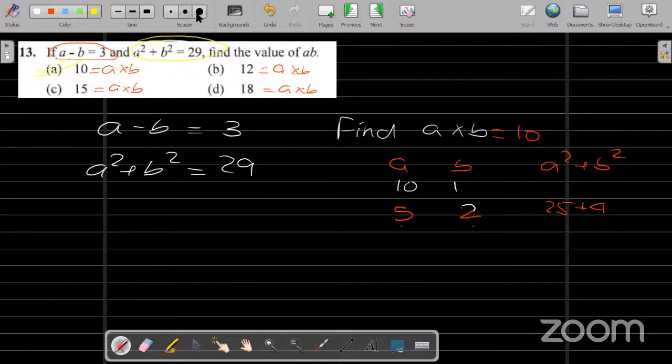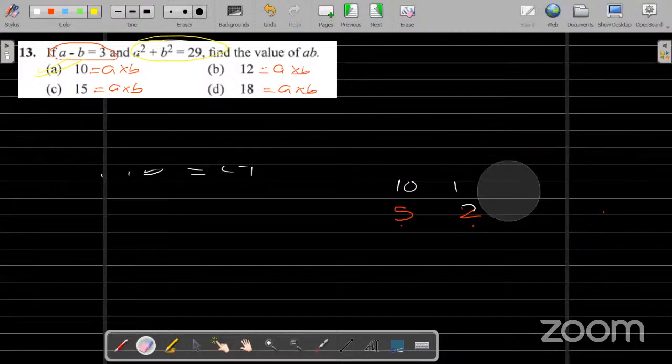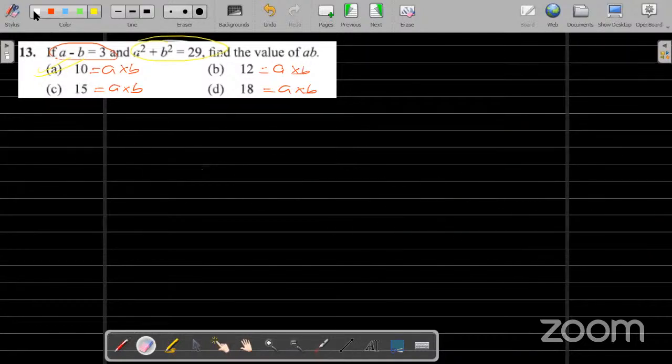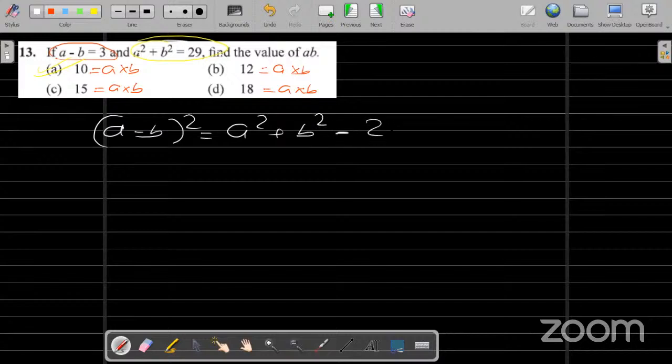Okay, now we'll see how to solve this question in the normal method. We can use the identity a minus b the whole square equals a square plus b square minus 2ab. So a minus b is 3. 3 square is 9. a square plus b square is given in the question as 29.